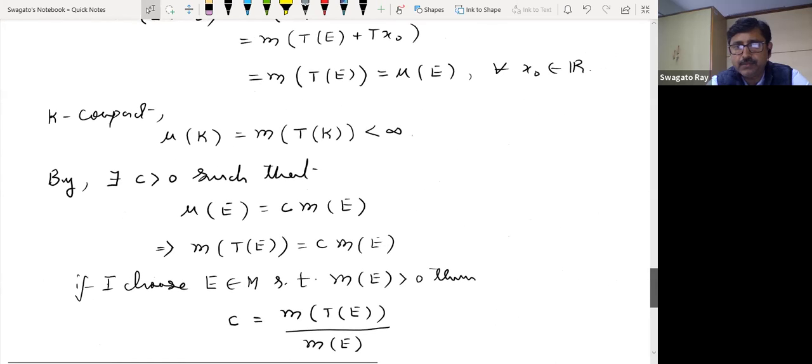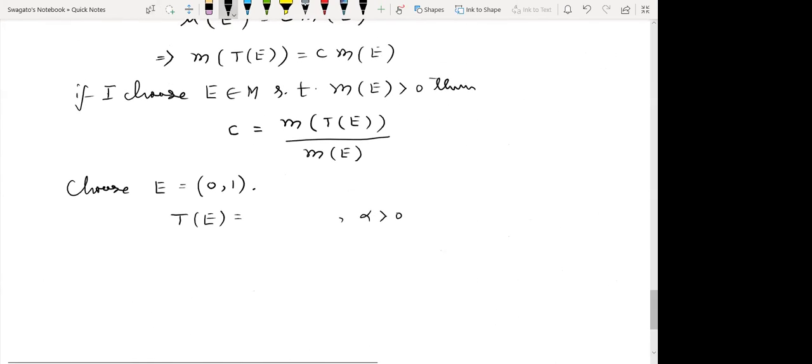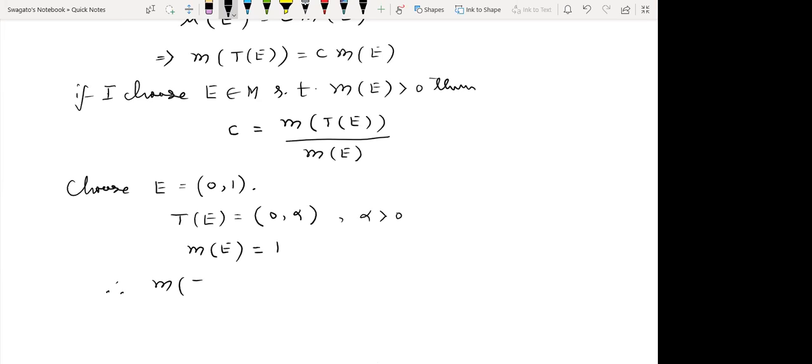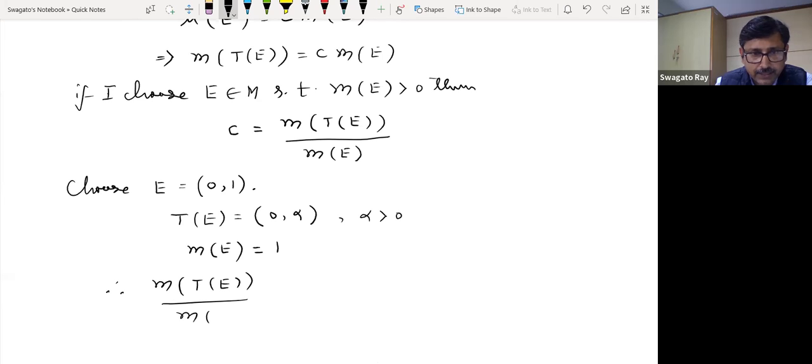So can anybody tell me what is TE? Open interval 0 alpha. Excellent. And what is measure of E? That is 1, right? So what is measure of TE by measure of E? Alpha. Correct. So C is alpha in this case.